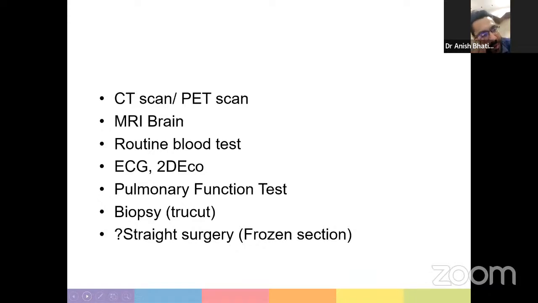But yes, your point is absolutely right. For a peripherally placed lesion that is less than 1 centimeter, you can rely on PET definitely for mediastinal staging. But anything more than that, let's say a 2-3 centimeter lesion, I think it's always better to go for preoperative mediastinal staging rather than going for upfront surgery.